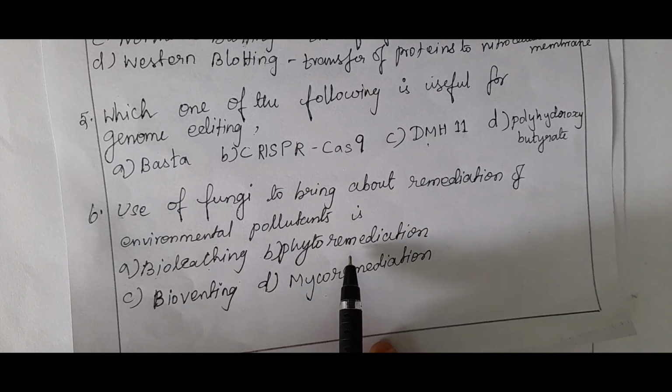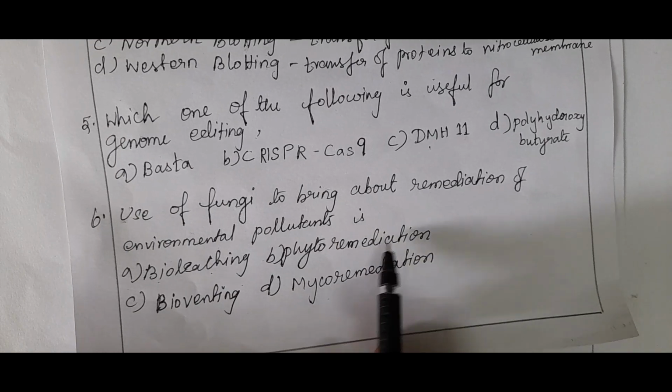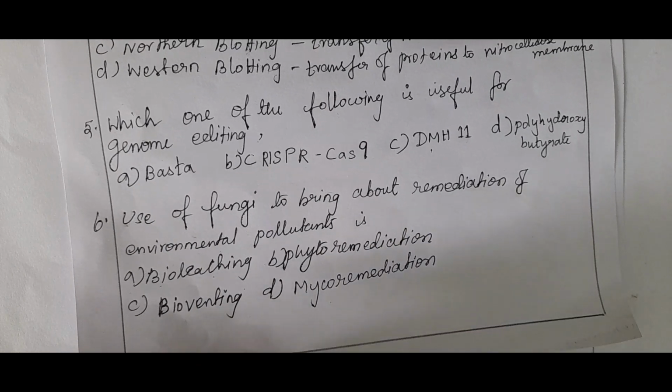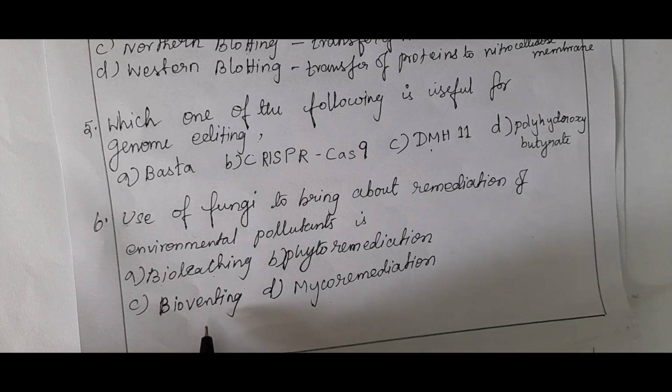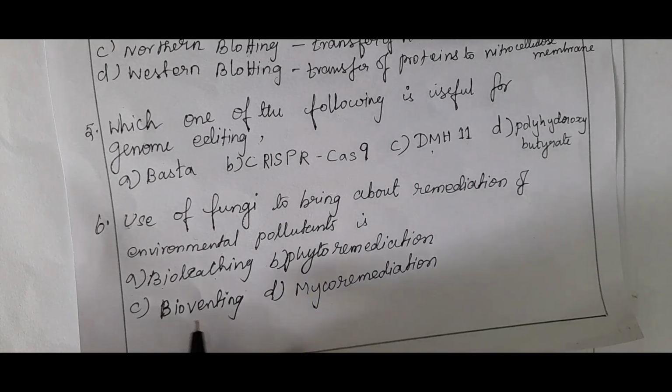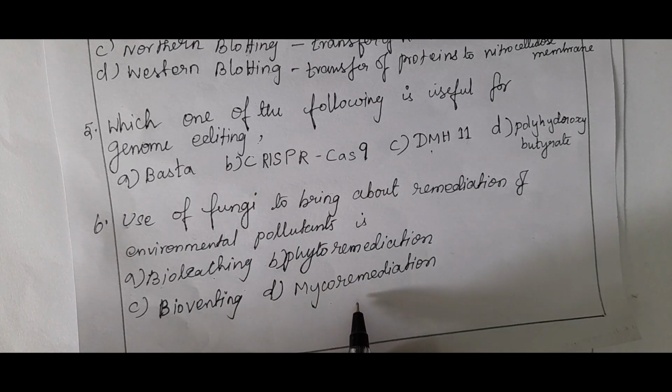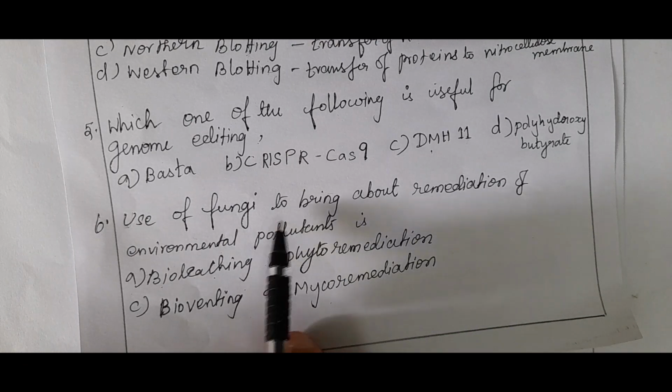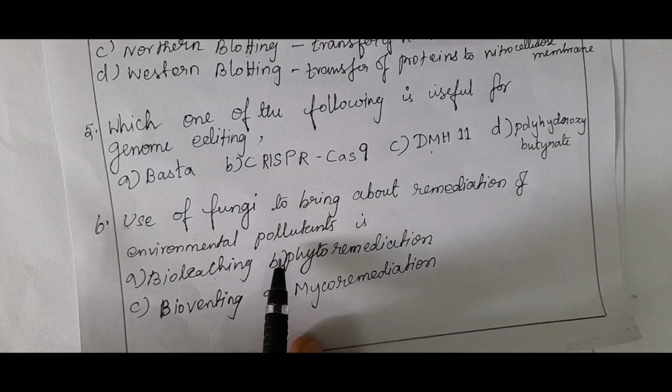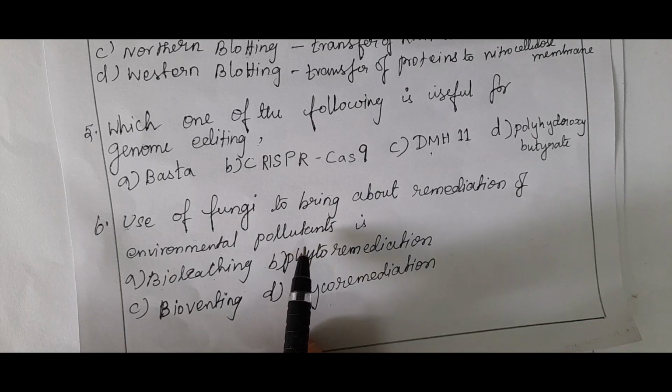Next one is phytoremediation, which means use of plants for the remediation of environmental pollution. Here we are using plants. Then bioventing means aeration is done to accelerate the degradation of environmental pollution. The next one is mycoremediation, which is the correct answer because here fungi are used to bring about the remediation of environmental pollutants.